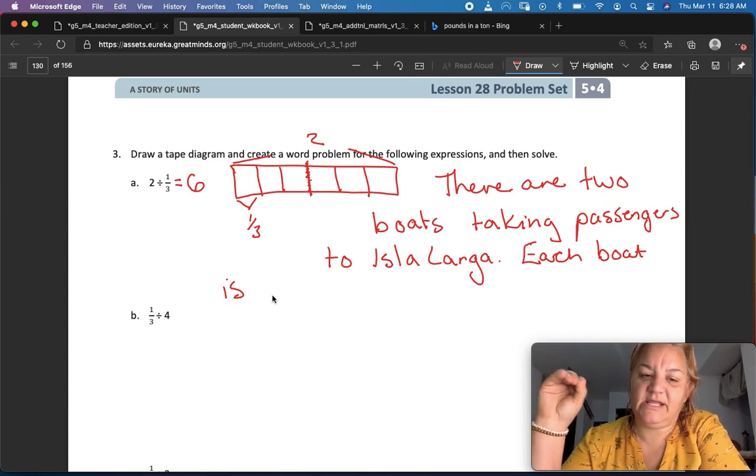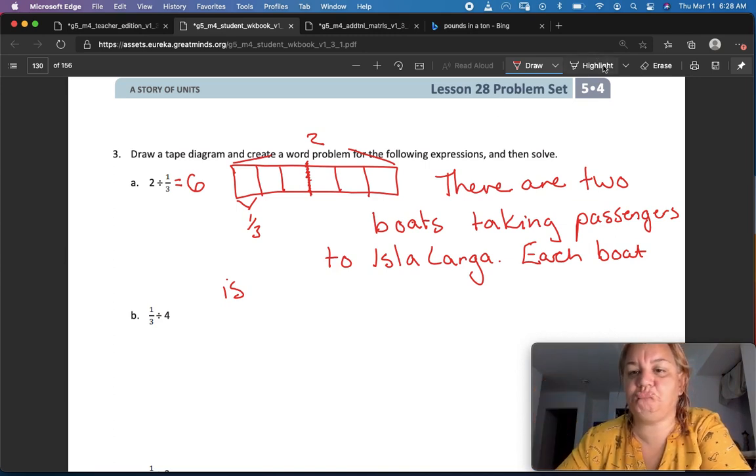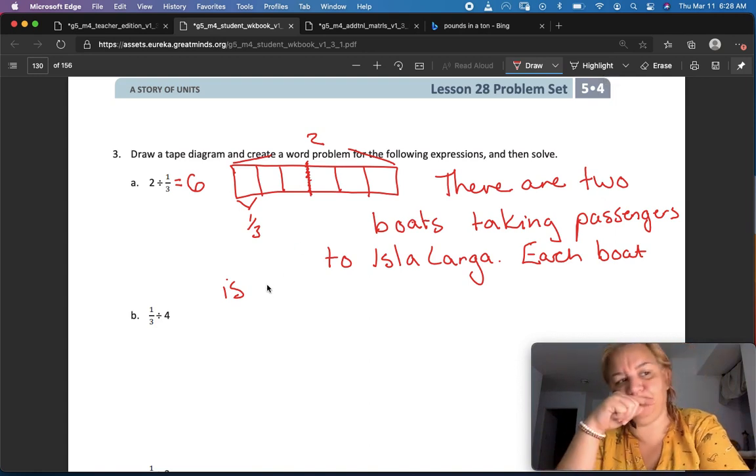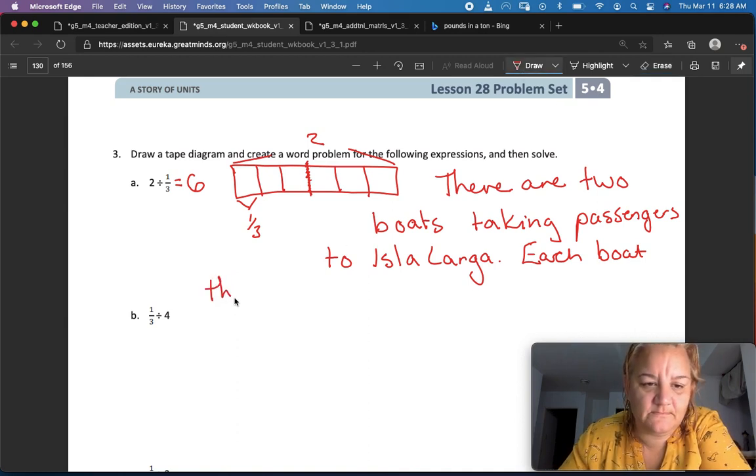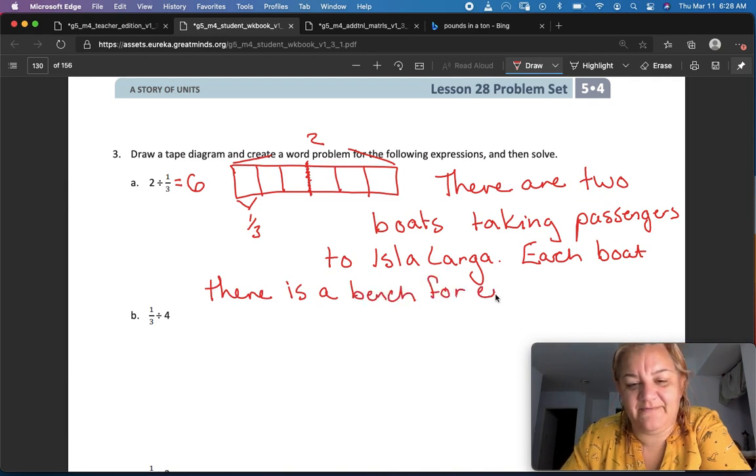So how do I say that? Each boat is divided into... Okay, I have it. There is a boat, there is a bench for every 1/3 of the boat.